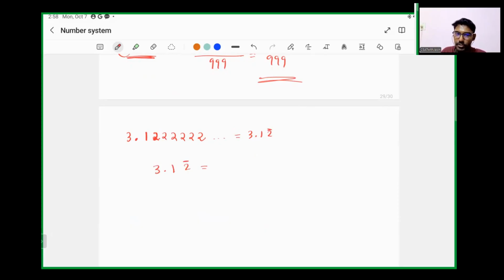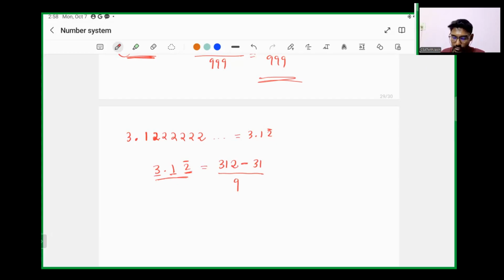Using the trick, you write all the digits, same as before, 312. Minus, you write the digits which are not repeating. Here 3 and 1 are not repeating, only 2 is repeating. So you write 31. Now divided by, only one number is repeating, so you write 9.